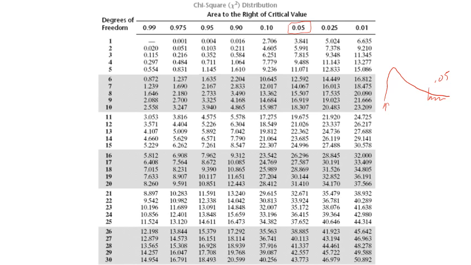As I said, the chi-square distribution is a right-skewed distribution. And for this, the important numbers are going to be what's up here. For the purposes of this class, we're never going to get to a degree of freedom over 5.